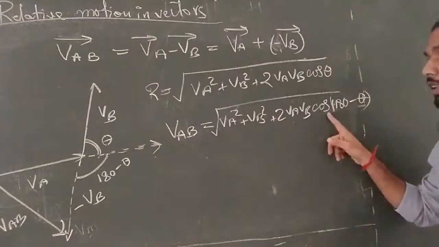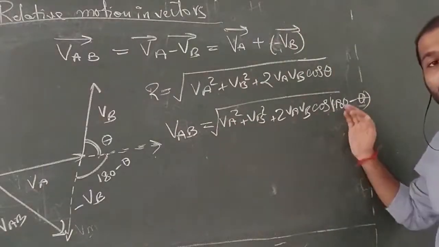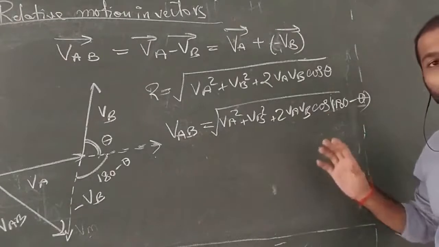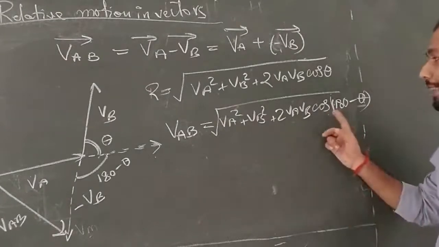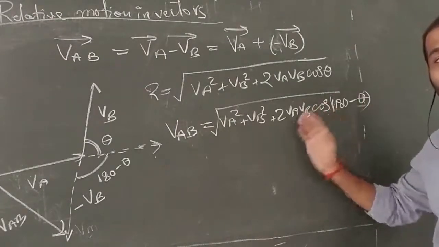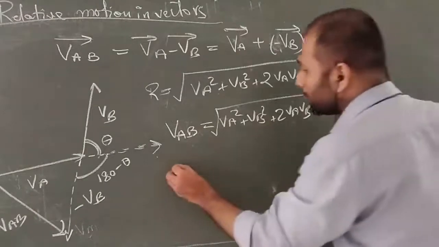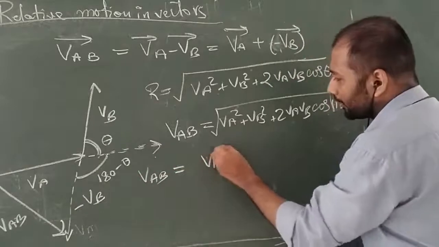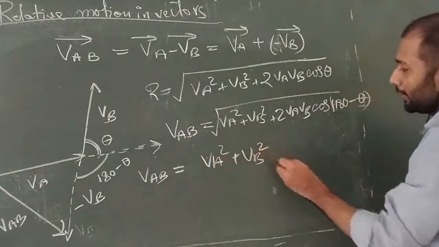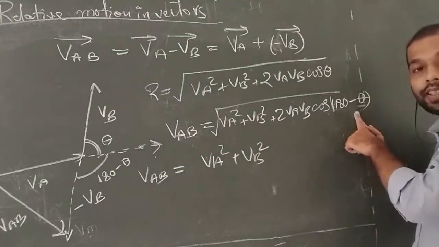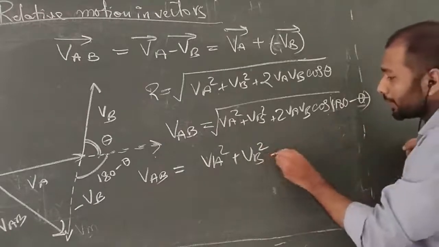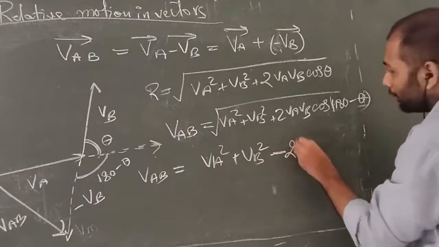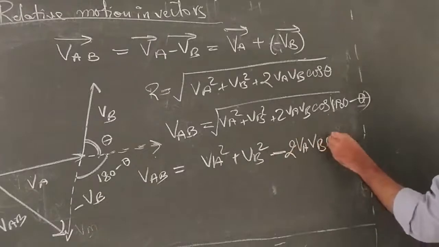Now see here, cos of 180 minus theta comes in the second quadrant. So when we do the conversion, cos of 180 minus theta becomes minus cos theta. So it will be written as VAB equals the square root of VA square plus VB square minus 2 VA VB cos theta.